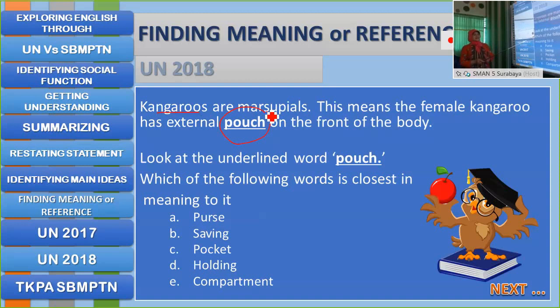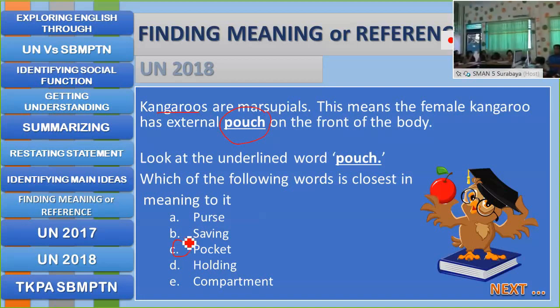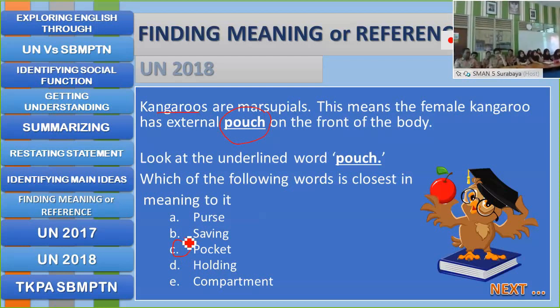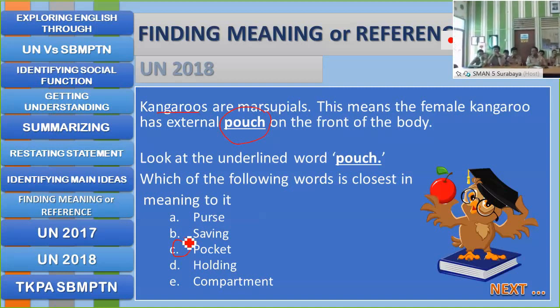So in this case, the word pouch means... And what do you think the function of the pocket or pouch is? To keep.